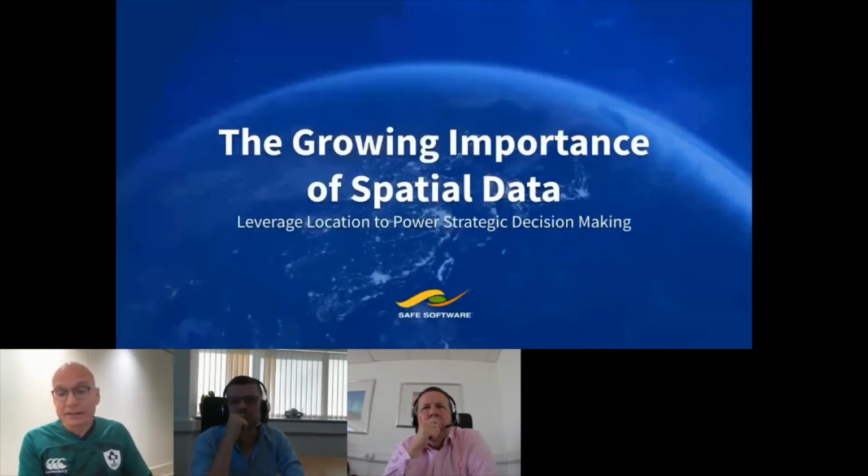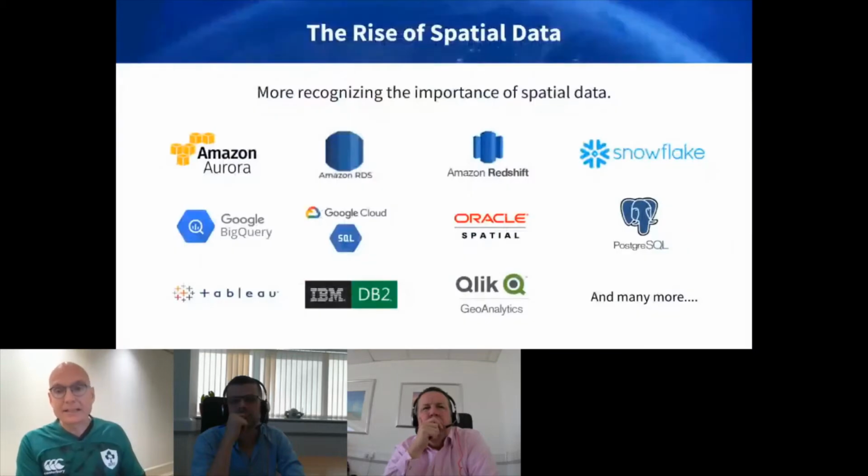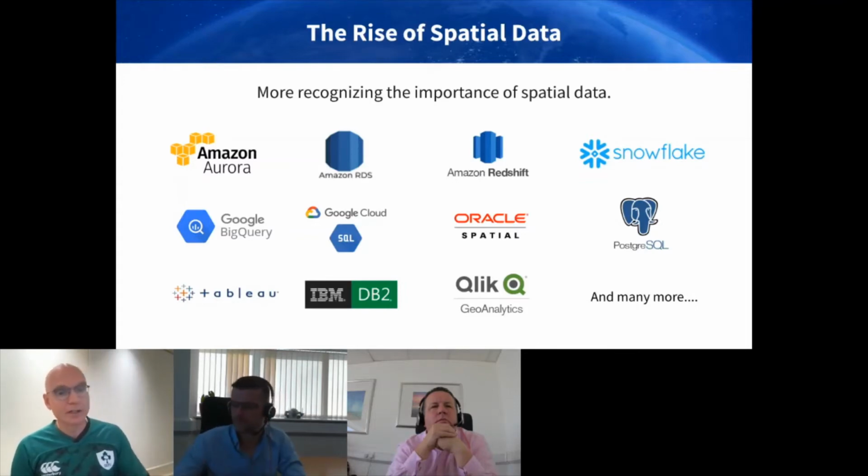The other thing that's exciting is the growing importance of spatial data. Spatial data on its own is also growing, and we can see this from these vendors that have recently added support for spatial data. If you look at the Amazon databases, they've all added support for spatial data. Google BigQuery recently added support for spatial data. Snowflake, you've probably heard us talk about Snowflake.